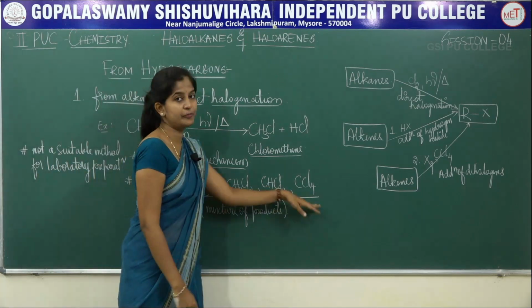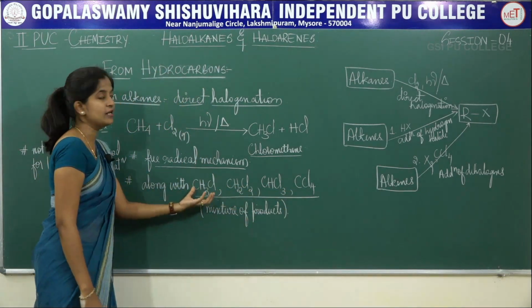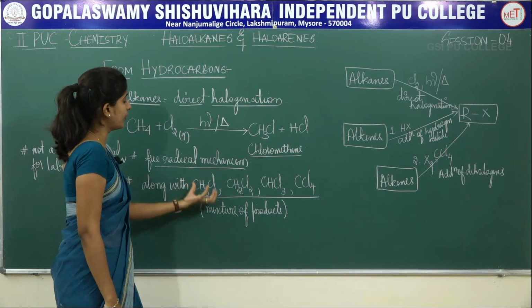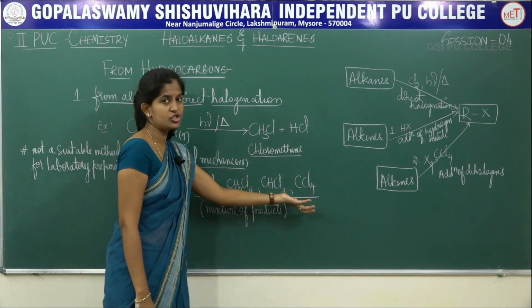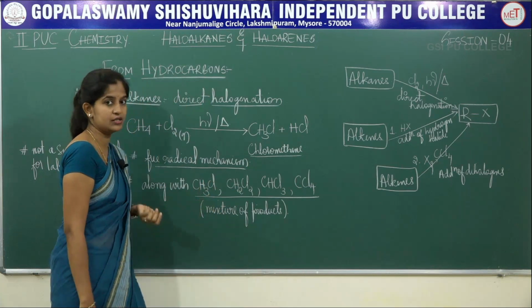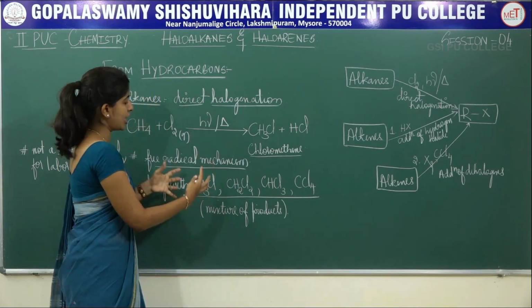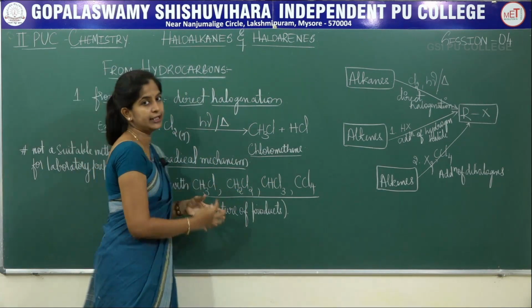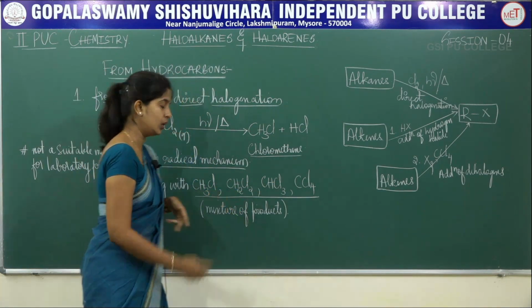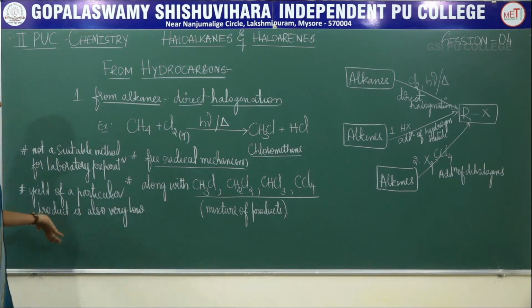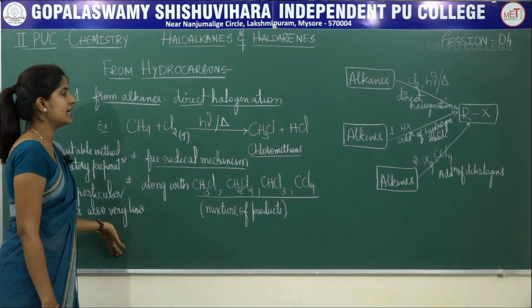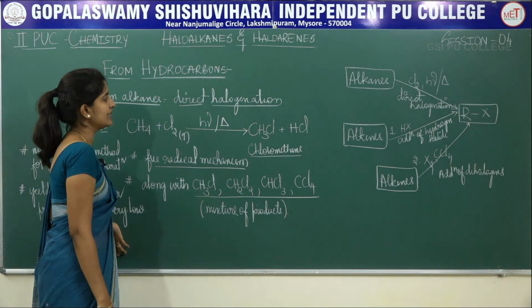Since you get a mixture of products, the yield of one particular product is also very low. So say for example, this is about 20, 20, 20, 30. So the yield of one desired product is also very low. That is, not one product is produced, a lot of products are produced, hence the yield of one particular product will also be very low. So these are some of the information that can be drawn from the direct halogenation reaction, wherein haloalkane can be produced by this method.